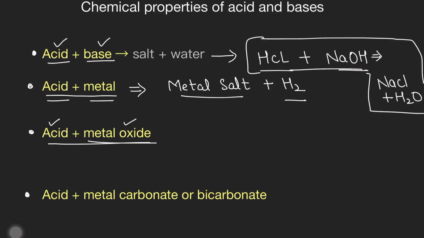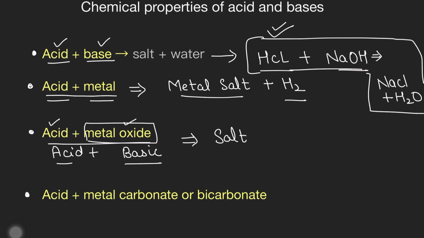So what if the metal oxides react with acids? If we talk about metal oxides, we all know that they are basic in nature, and if the acid reacts with a base, it is a kind of neutralization reaction that we have already studied.